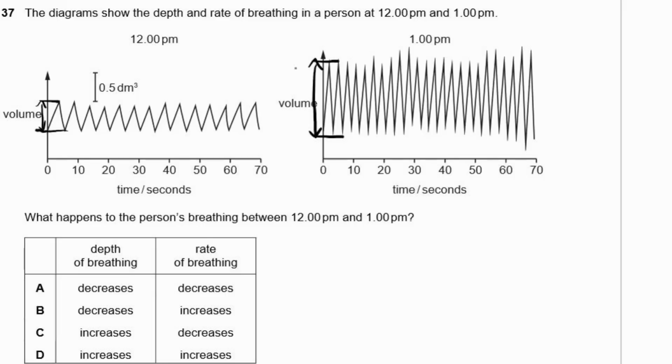It doesn't matter how much, but it has increased. Now, the rate of breathing: in the first 10 seconds, there's approximately 1-2 breaths. In the first 10 seconds here, there's approximately 1-2-3 breaths, which means that the rate of breathing has increased. So the answer here is D.